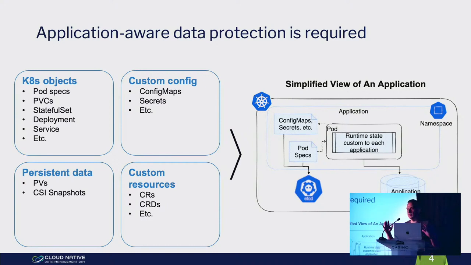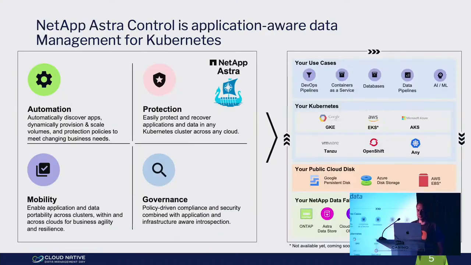Here you have all these words that we have been hearing for the last years: StatefulSet, deployment, secrets, config maps. All these things need to be protected, as well as the data inside the persistent volumes, if we want to provide a real data protection solution.